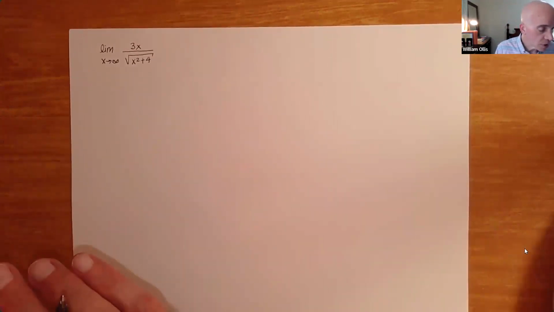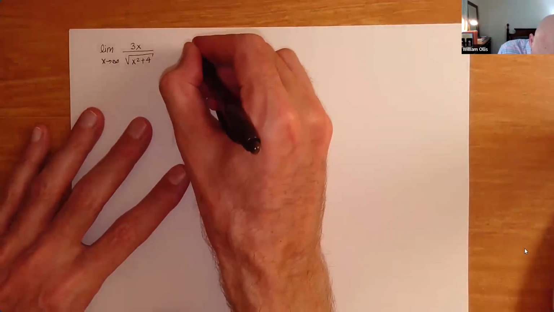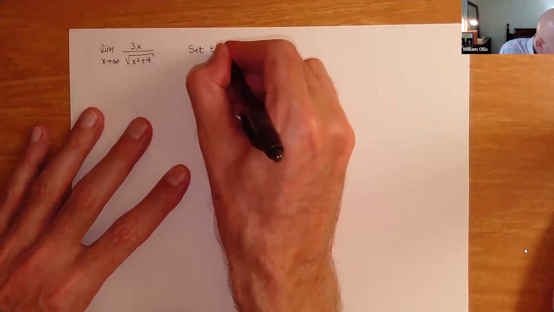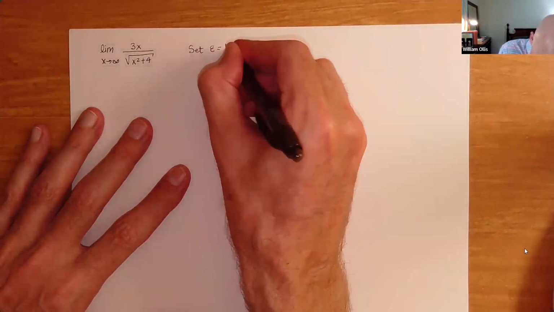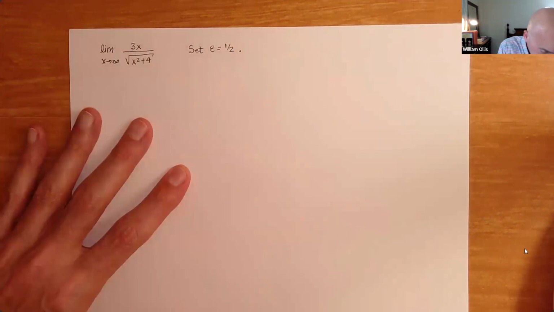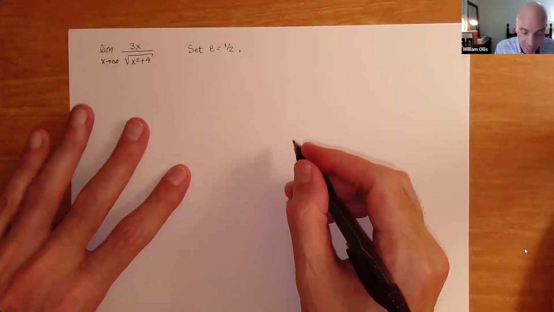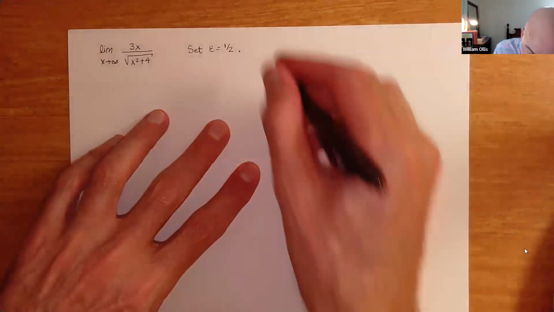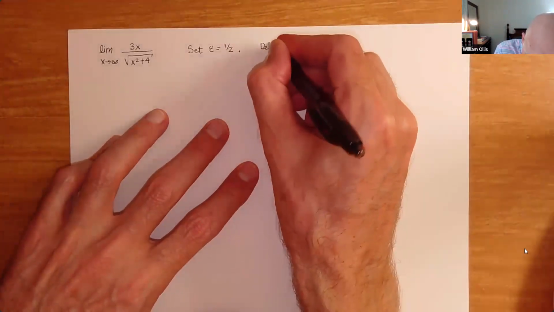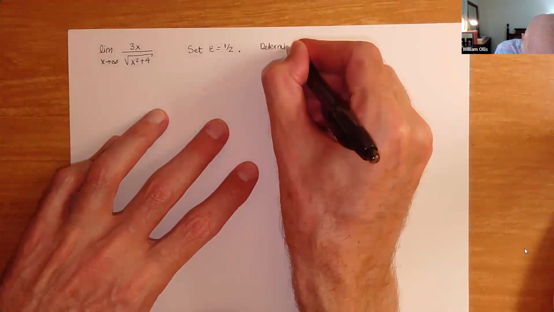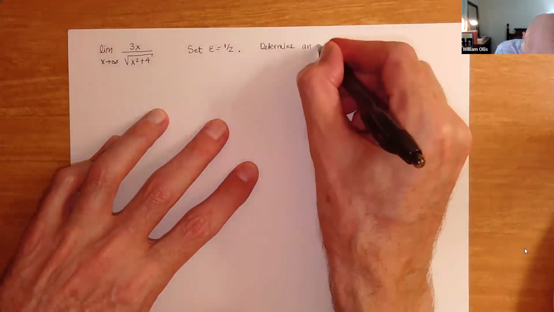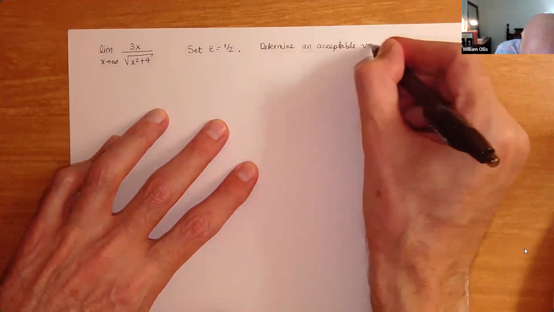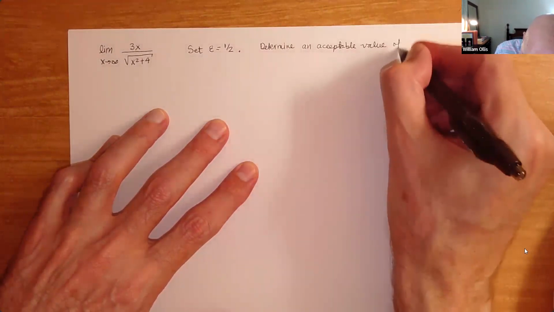Now, what we're going to do is set epsilon equal to 1/2. And since x is passing to infinity, we use the letter m in that case. So determine an acceptable value of m.